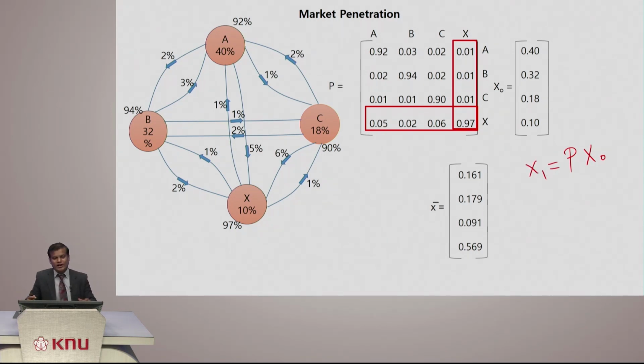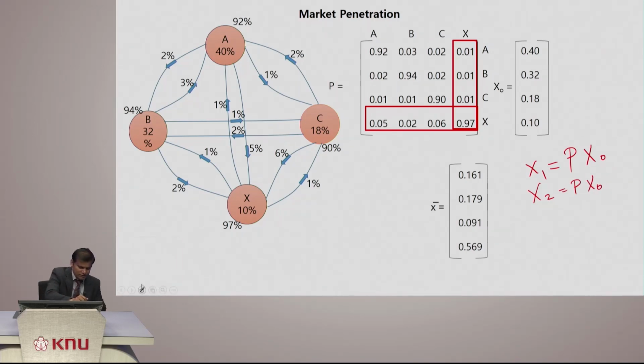Or if you want to know what happens to the trend of customers moving from one state to another. In other words, after 1 month, what would be the percentage in A, B, C, X. And maybe after 2 months, we discussed these parts, if you recall.